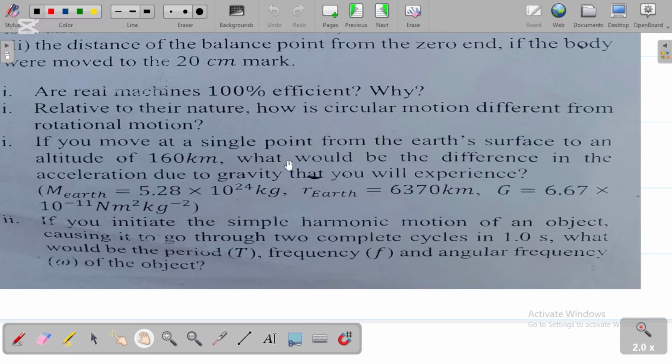Alright, so what's the next parameter given? It says what would be the difference in the acceleration due to gravity that you will experience.